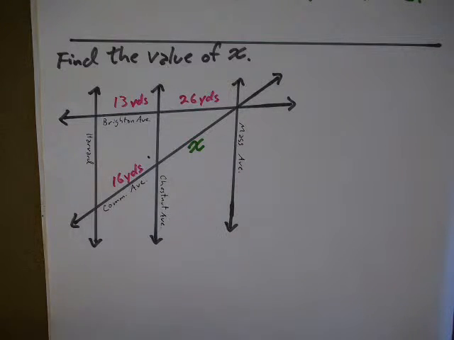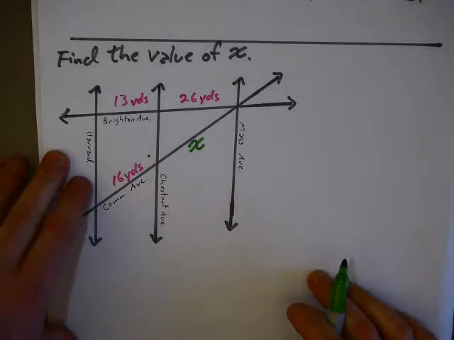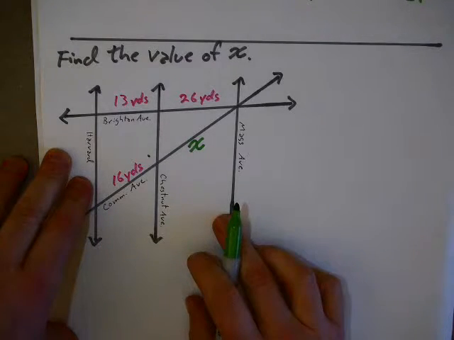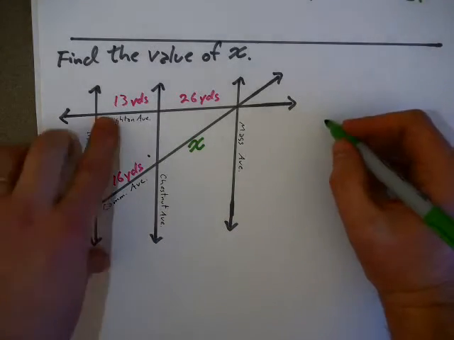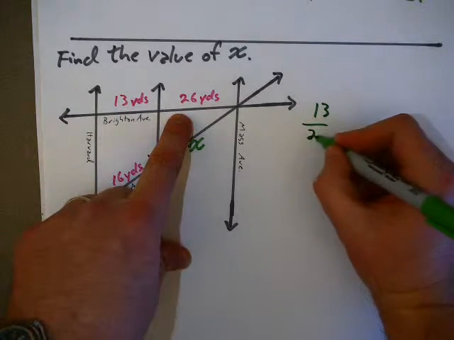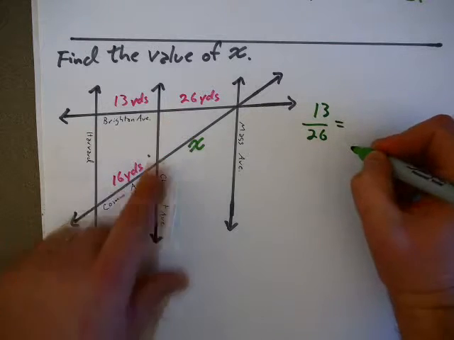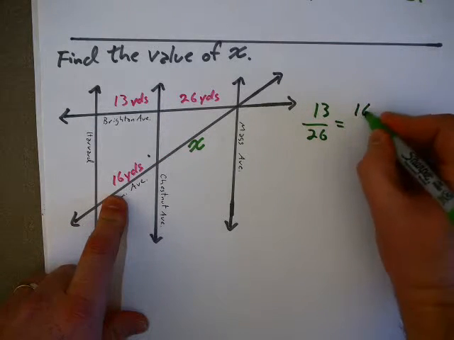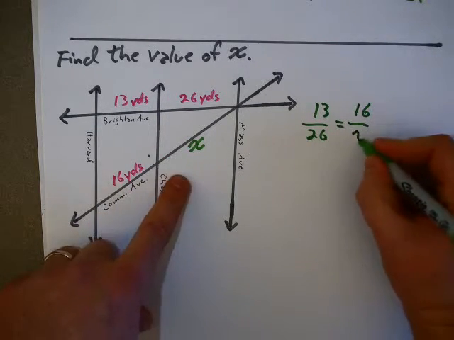But we could figure out the distance using this, and there's a couple ways we could do it. We could say that this section, if we put 13 over 26, that would equal 16 over x.